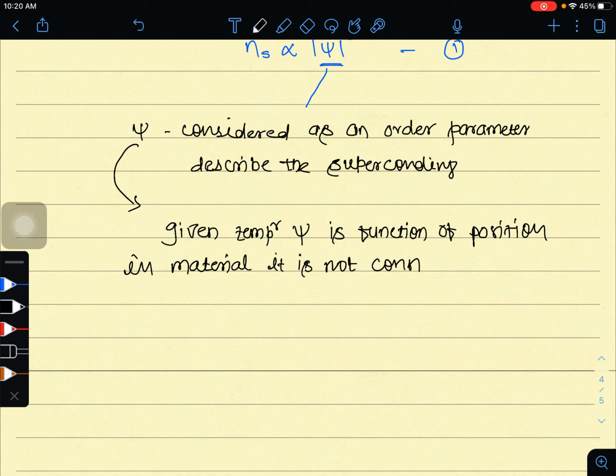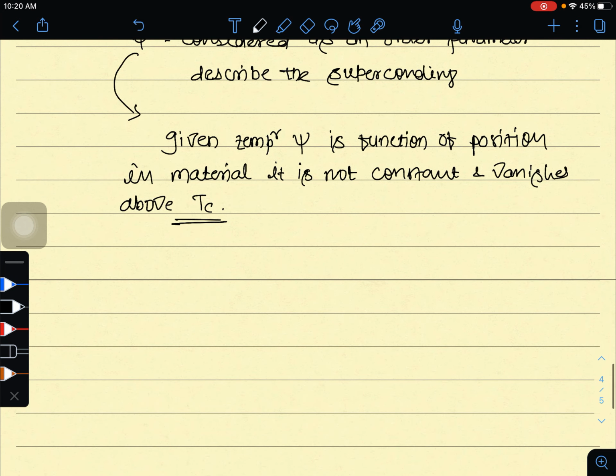It is one kind of criterion using the wave function psi, and this psi vanishes above the critical temperature.